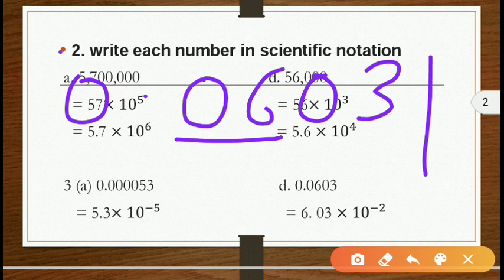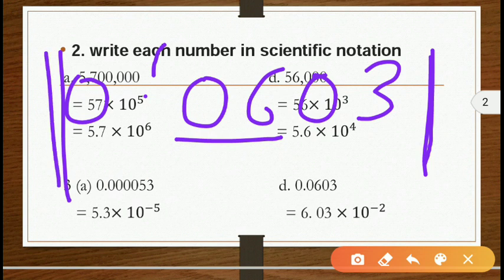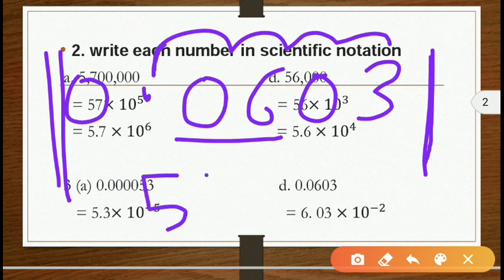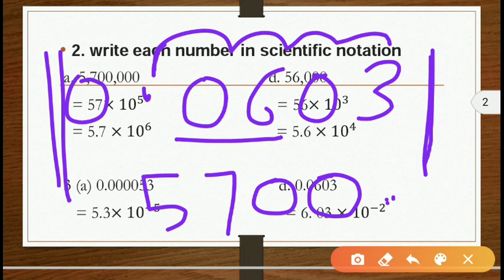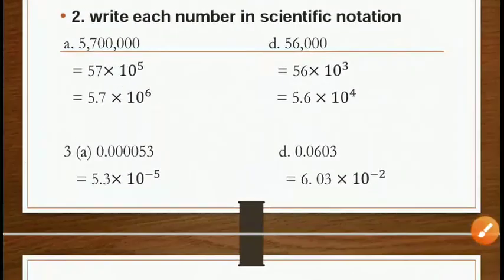You are shifting your decimal from the left to the right hand side. And in the previous question, you supposed that your decimal is on the right hand side, and from the right hand side you were moving your decimal towards the left hand side. Just remember one thing: when you change the position of the decimal from right to left, the power will be positive. When you change the place of the decimal from left to right, the power will be negative.